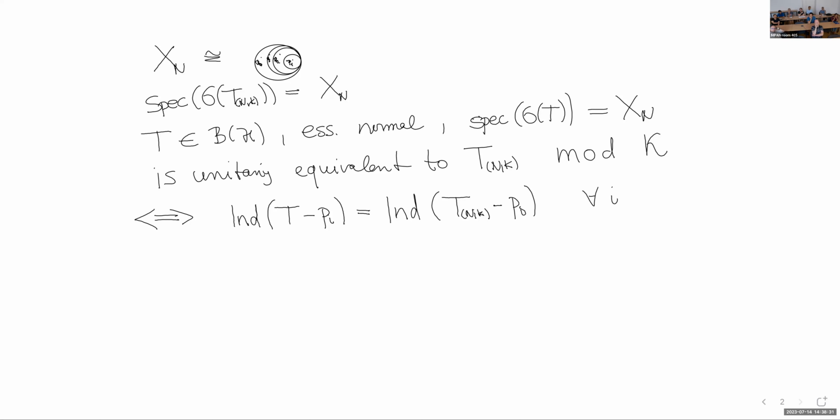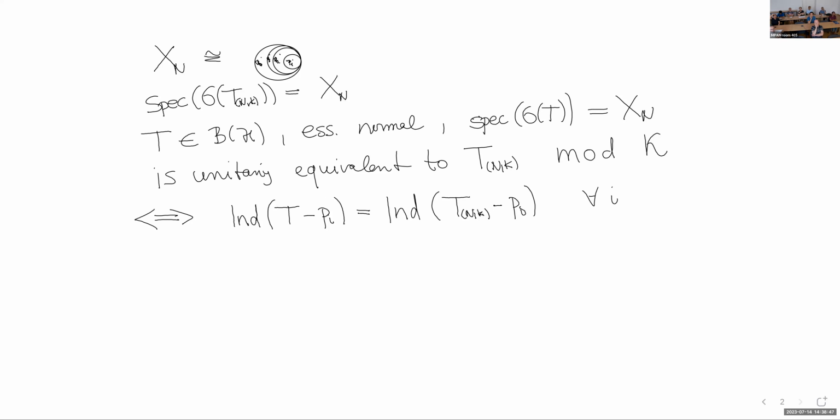That was a big success because it related the question of when essentially normal operators are unitarily equivalent mod K to something in algebraic topology.